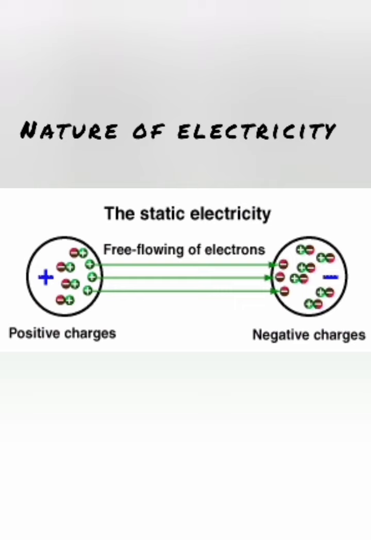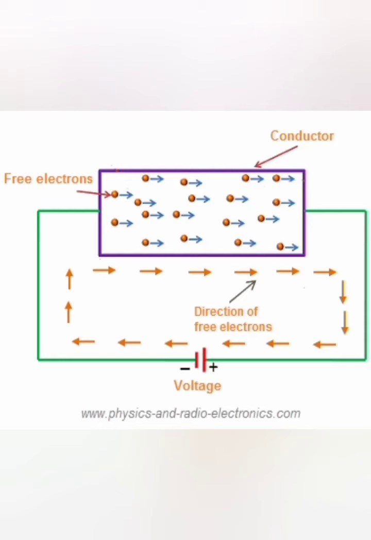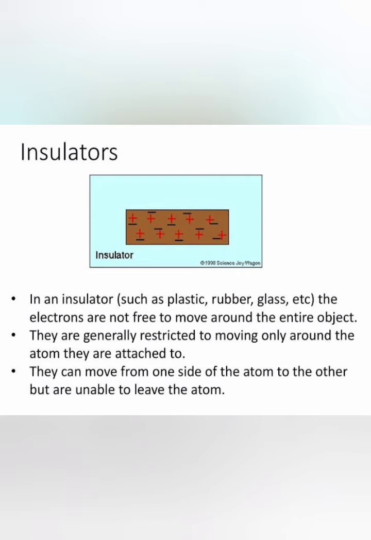The number of protons is equal to the number of electrons in a body under normal condition. Let us take a paper. It is neutrally charged. The number of protons and number of electrons is equal, so the protons value and electrons value get cancelled, positive and negative.